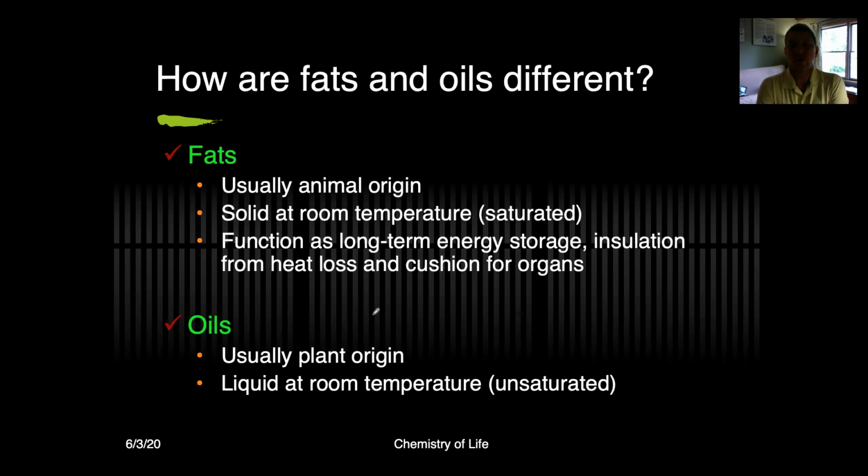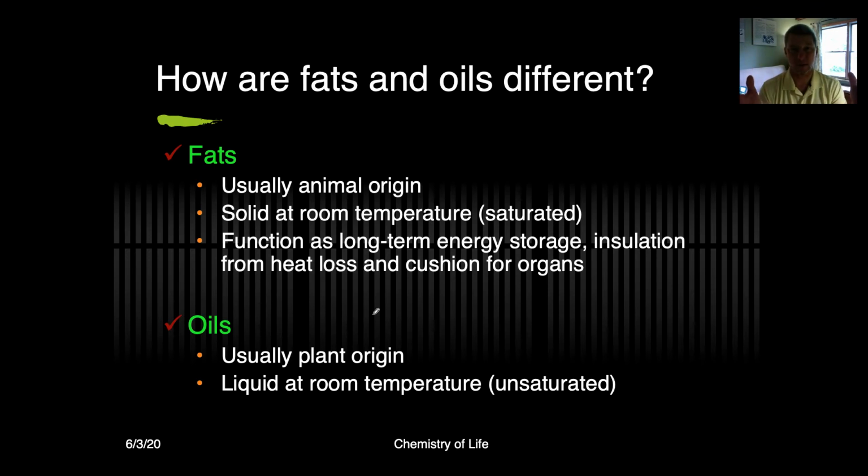Now, in terms of nutrients, fats and oils are very different. Fats, generally speaking, are usually animal in origin. They are solid at room temperature because they are what we call saturated. And what that means is that every carbon is bonded to the maximum number of hydrogen and other carbon atoms. Now, that makes them solid because they tend to be linear molecules, so they stack one on top of the other, on top of the other, and that allows the fat to solidify.